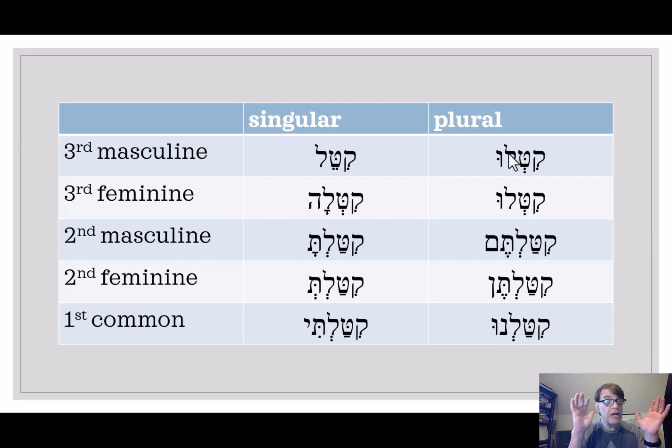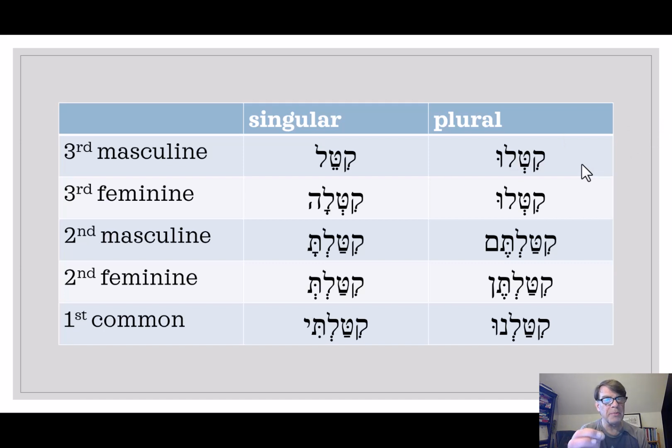Look it up. I mean, the bottom line is always look up the meaning of a particular verb in a particular stem, because words don't follow the rules, right? I mean, we grammarians are trying to abstract the rules out of what we see. The Hebrews didn't sit down one day and say, let's invent the rules of grammar. It just kind of happened as they talked to each other. And therefore, it's chaotic, and there are a lot of exceptions to things.